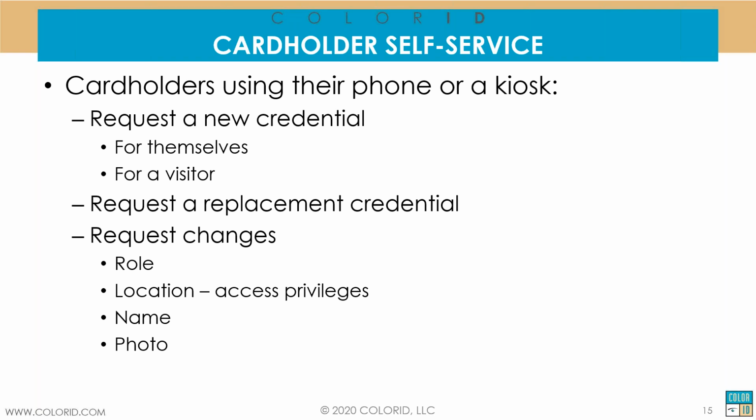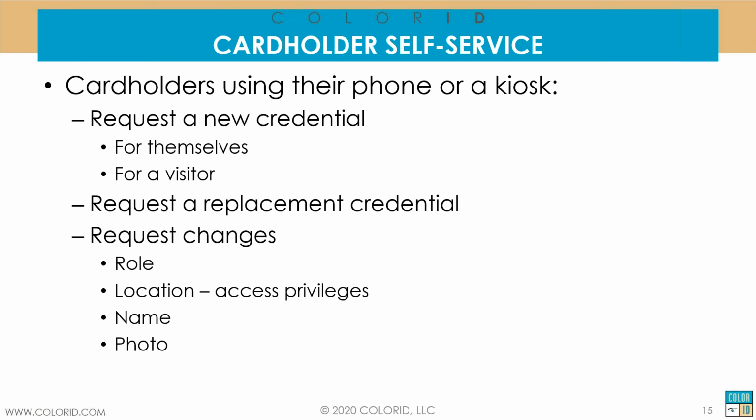So you can request a new credential, you can request a credential for a visitor. If you lose your credential, you can get a replacement. You can request changes of role, location, change your name, change your photo. All of these, of course, are subject, depending on university policy, to administrative decisions.